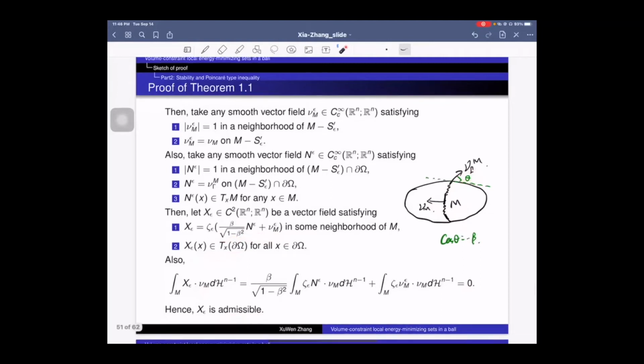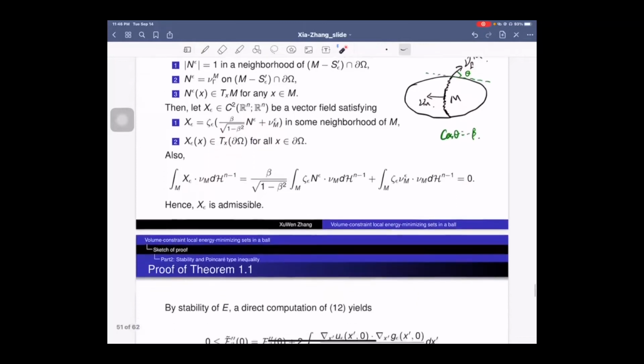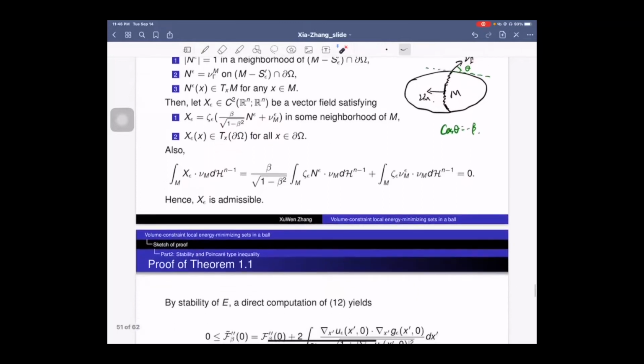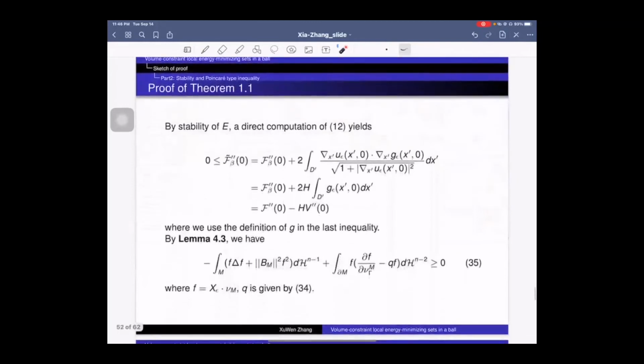And now, recall that for this initial velocity, we smoothly modify it inside omega to get an indeed admissible set, which has the same volume as the original set. This is the free energy of the admissible set, and this is the free energy given by the initial velocity.